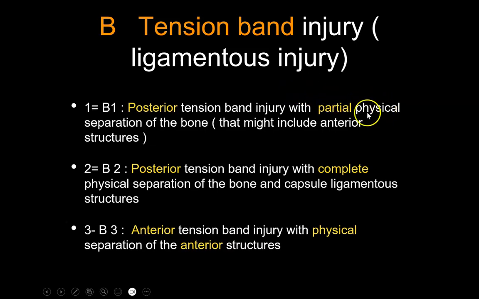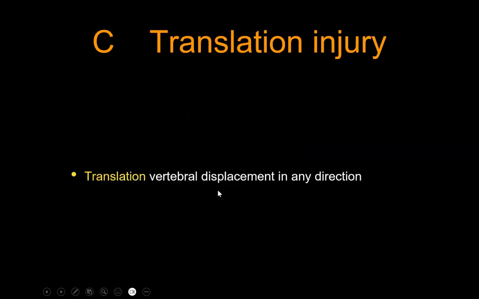B1 is with partial physical separation of the bone. Of course, when you injure the ligament, the bone will separate. So partial separation of the bone is B1. Complete physical separation of the bone and injury of the posterior ligament is B2. Anterior tension band, anterior ligamentous structure injury, anterior longitudinal ligament injury with physical separation of the anterior structures is B3.